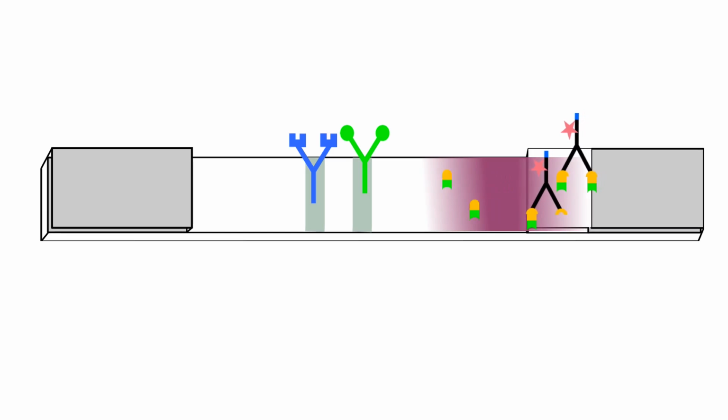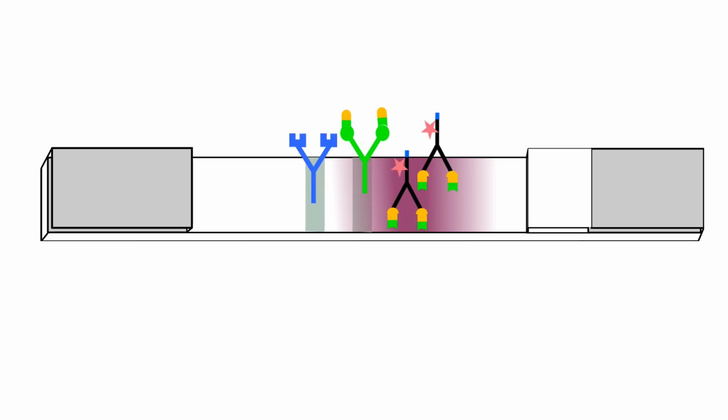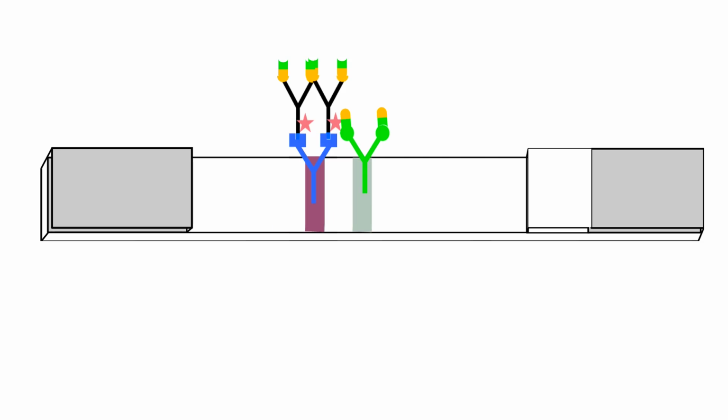Now, as migration starts, free antigens will migrate faster than the antibody-antigen complexes. This leads to an absorption of the test line by the free antigen. Since the free antigen is not coupled to the conjugate, hence there is no color, the test line will remain clear, while the antibody-antigen complexes will continue to migrate, and whether they bound an antigen or not, they will bind to the control line and color the control line purple.